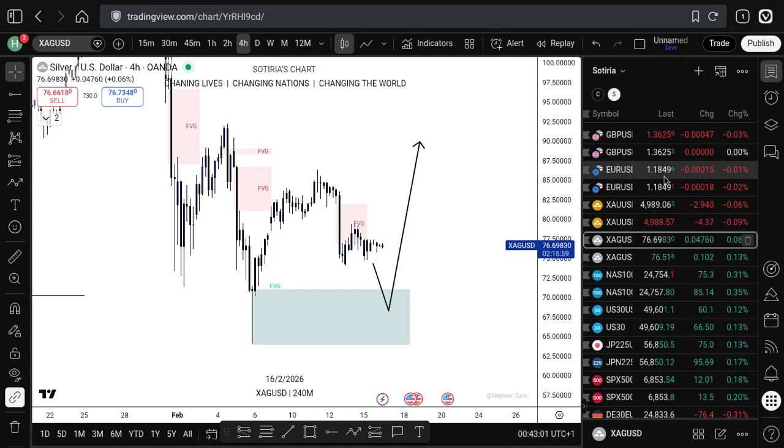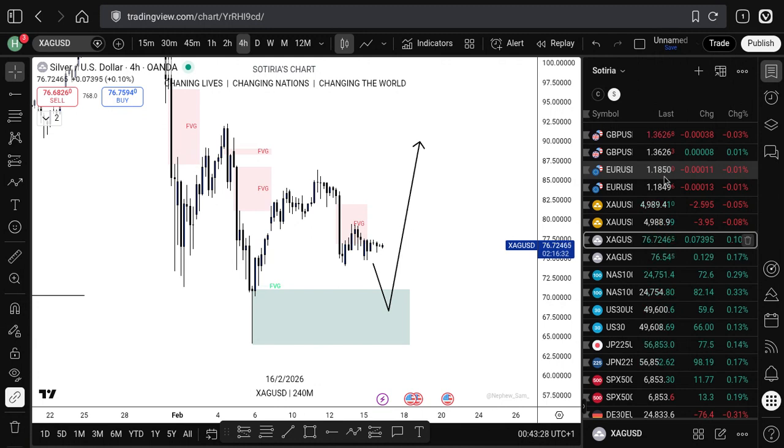So it's a new week, and I have just spoken so far on 4 pairs, which is GU, EU, gold, and silver, what I'm expecting this trading week. So far on GU, we are bearish. On EU, we were expecting a bullish move, but a short-term bearish move before the bullish move comes. On gold, we are bullish.